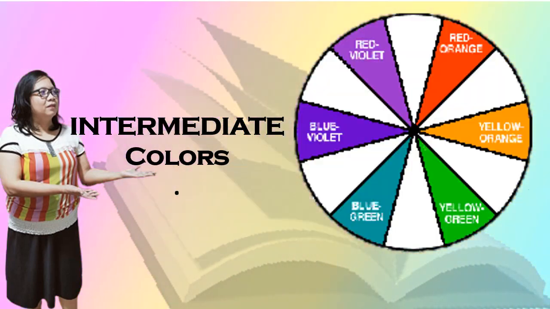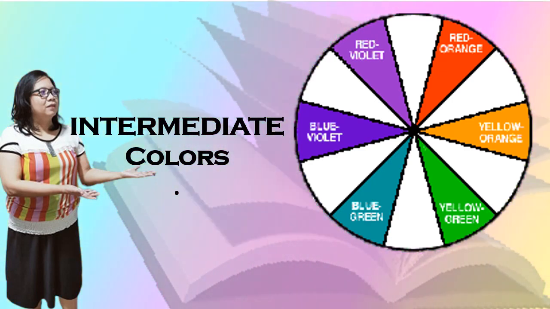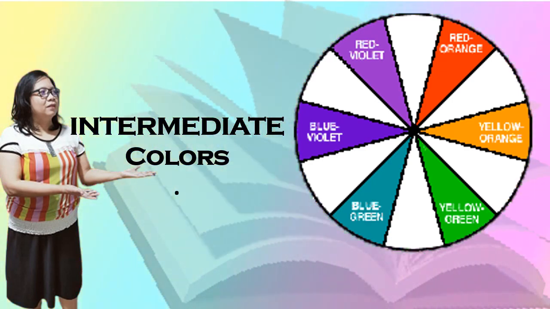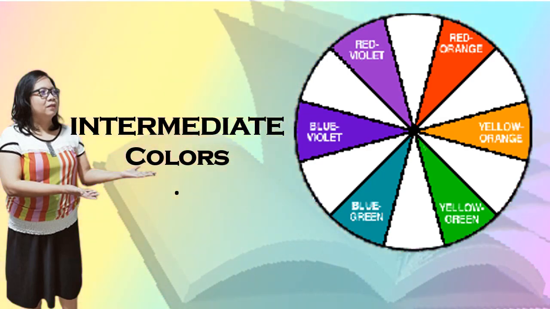Here are the intermediate colors. We have red-orange, yellow-orange, yellow-green, blue-green, blue-violet, and red-violet.